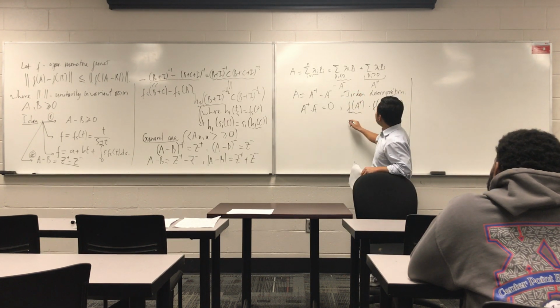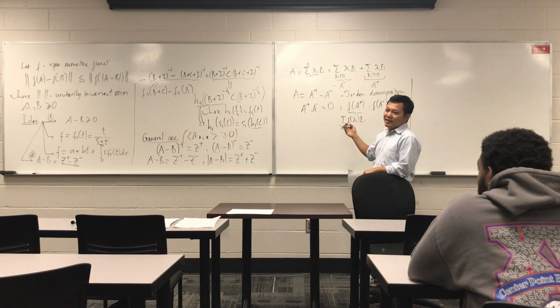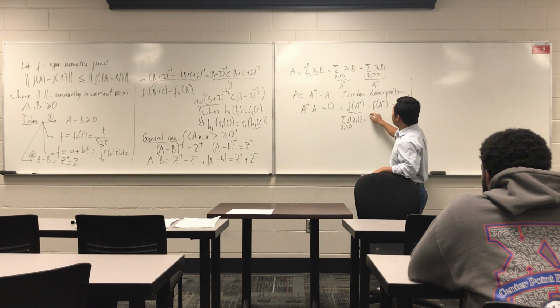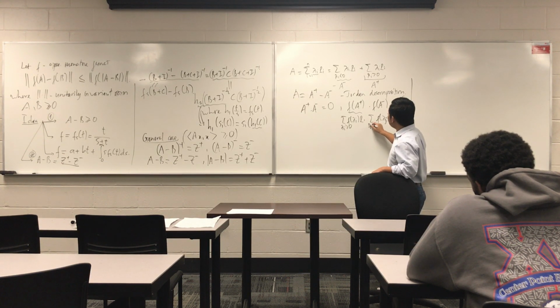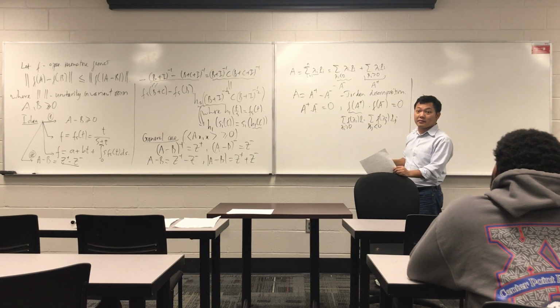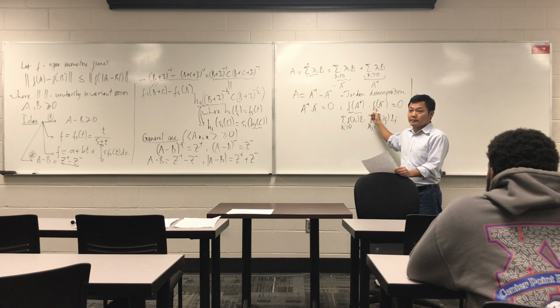F of A plus is the sum of f of lambda I pi, where lambda I is greater than 0, because the projectors stay the same, right? And so when you multiply them, you get f of lambda I pi and f of lambda j pj, where lambda j is less than 0. Each time you multiply this with this, you have 0, no matter what f of lambda is.